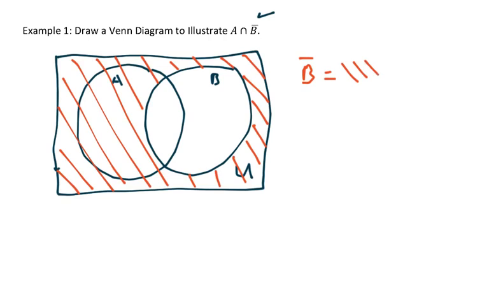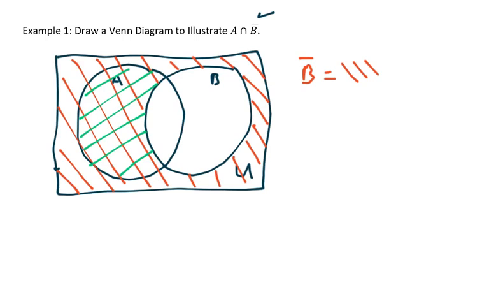And then I'll be looking at A intersected with B complement. Intersection is the set of all elements that are both in one set and the other. So we're looking for those regions that are both in A and in B complement. That would be right in here. These elements are in both A and B complement.